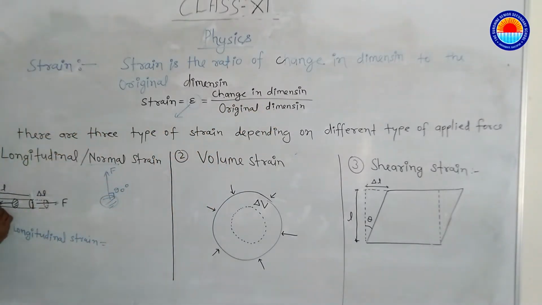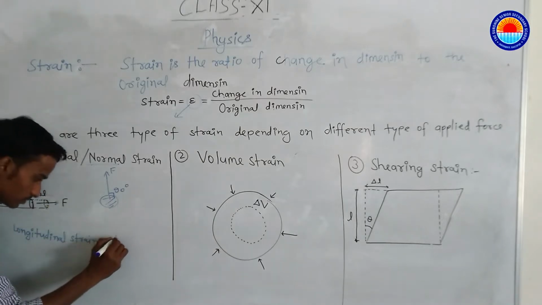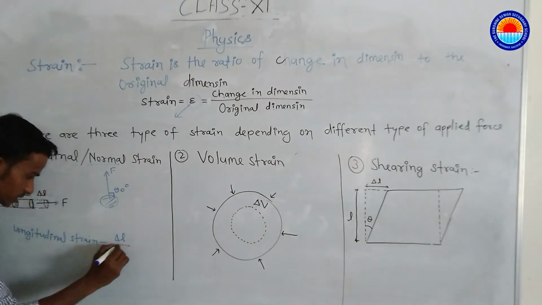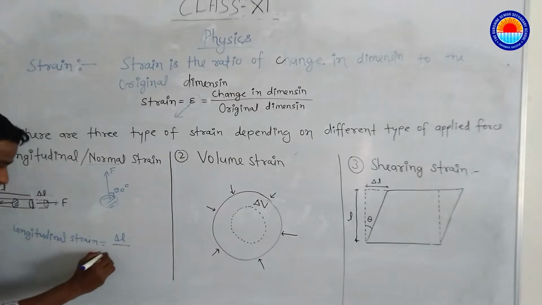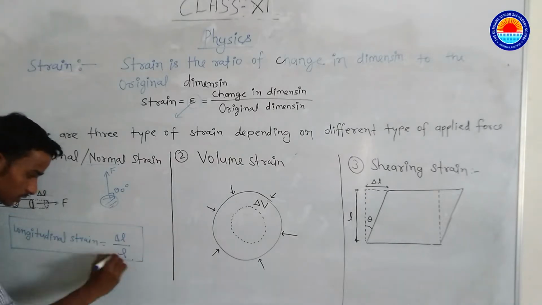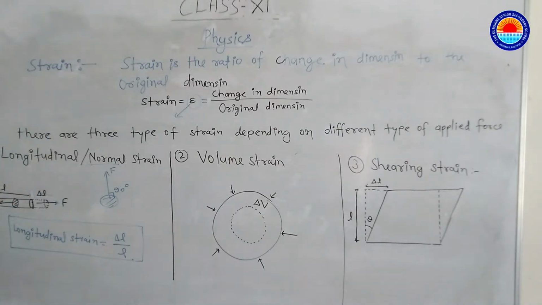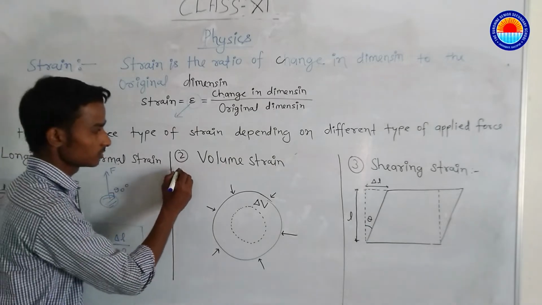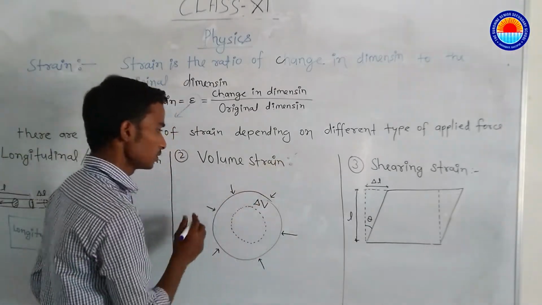Here the change in dimension is delta L and the original dimension is L. So this is the formula of longitudinal strain or normal strain. Clear?